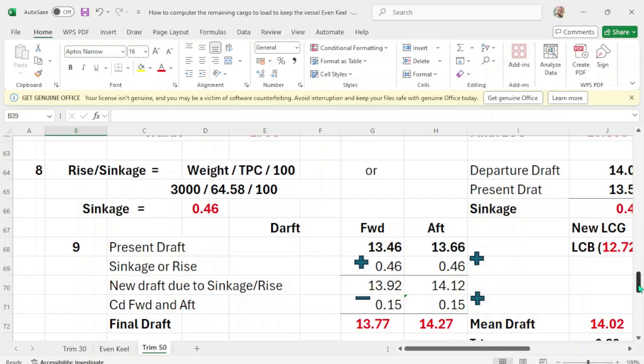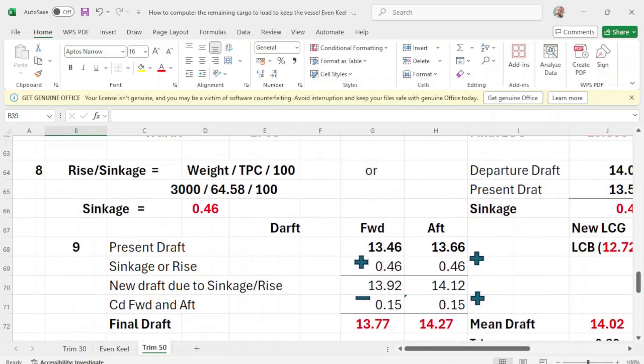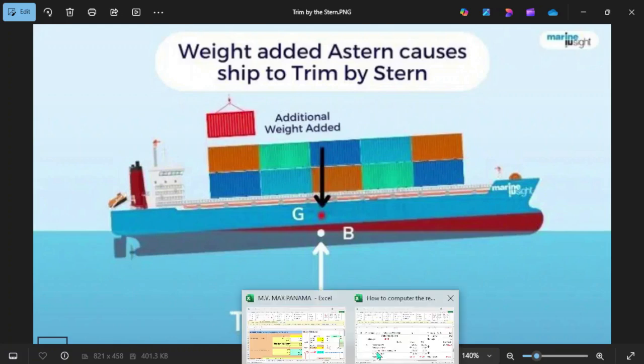Now take note, okay? Since you are trimmed by the stern by 50 centimeters, okay? Take note, guys.